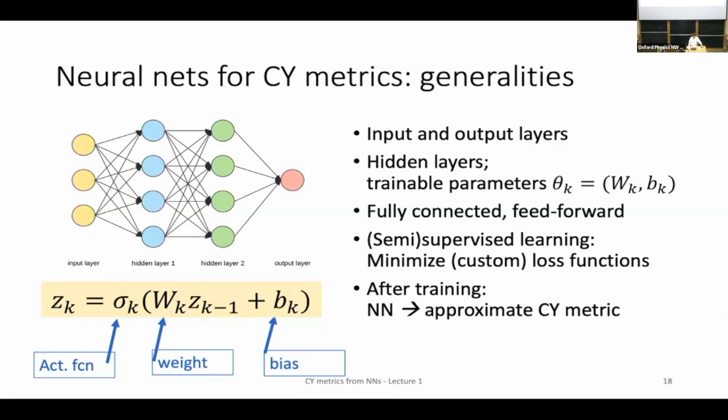Now, in the Calabi-Yau literature so far, most of the networks that have been used are fully connected and feed forward, and they're not very deep. So they have a few hidden layers. This is very different from the cutting edge machine learning networks that are used for more sophisticated problems than finding a Calabi-Yau metric, like predicting the next song on Spotify.